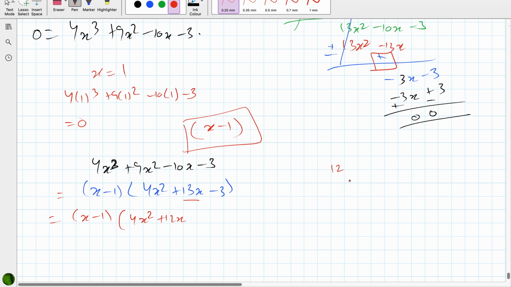So 12 is either 12 into 1, or 2 into 6, or 4 into 3. Let me see if we have a factor.